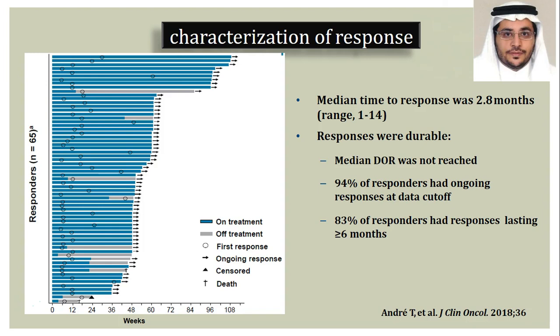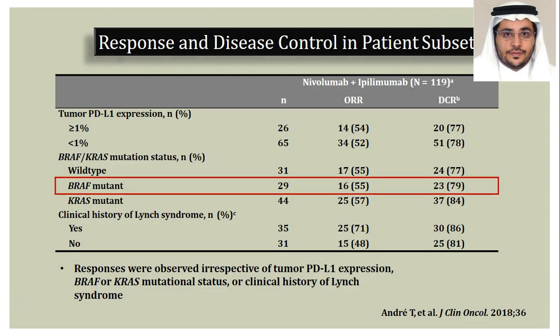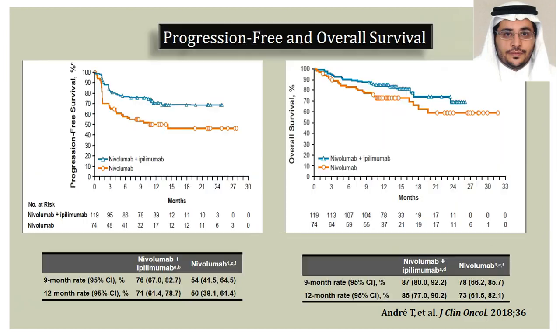Basically, 94% of the responders had an ongoing response. Very important, even the BRAF patients seem to respond. Even those with KRAS mutation, wild type or mutant, still respond to the combination therapy.